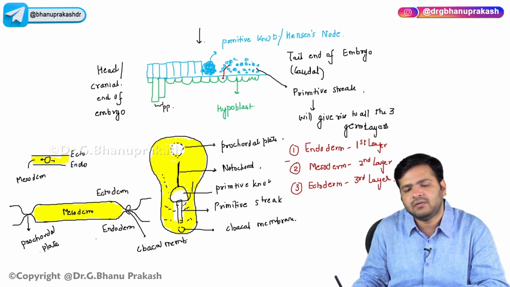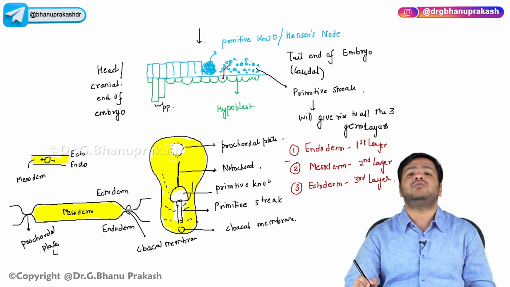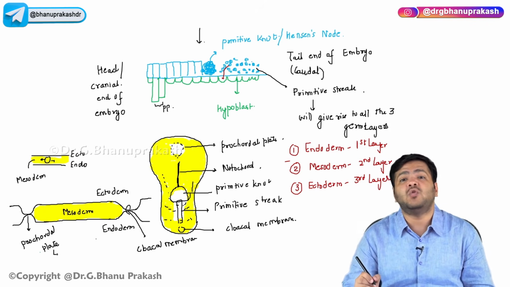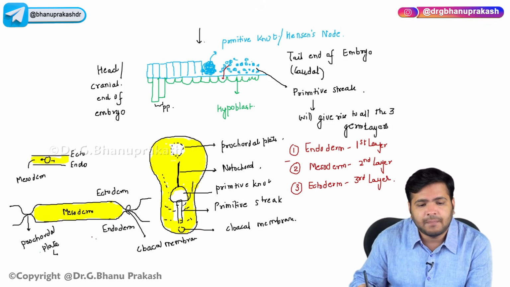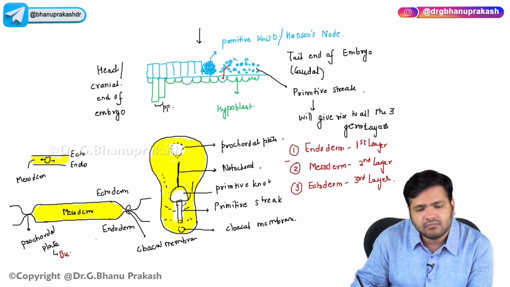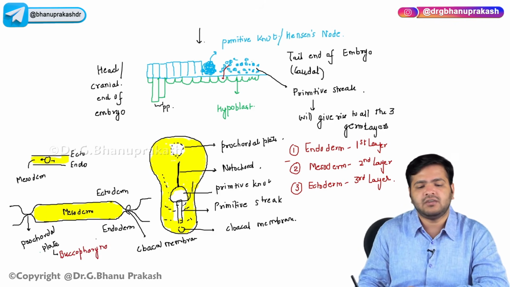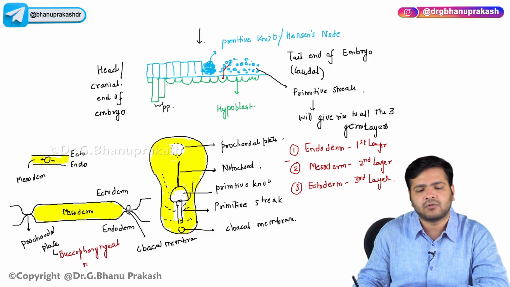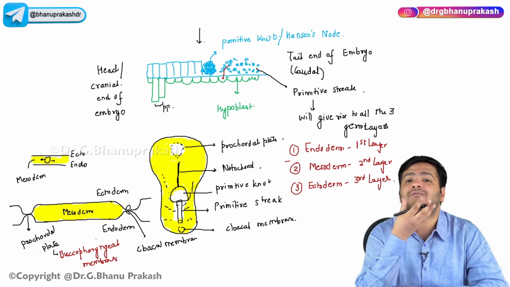Now, the procaudal plate will later on give rise to the buccopharyngeal membrane, right? It will transform into the buccopharyngeal membrane, which will give rise to the opening of the mouth.